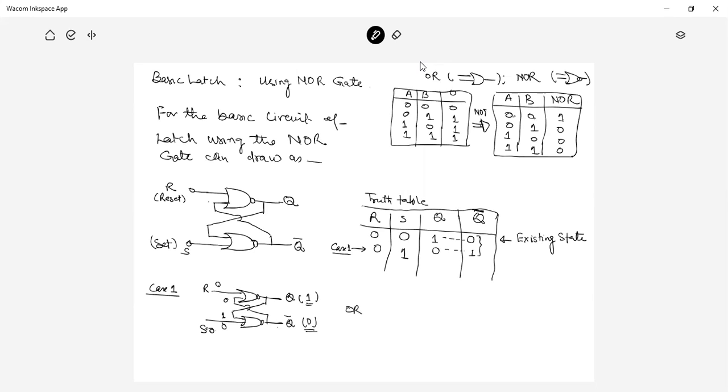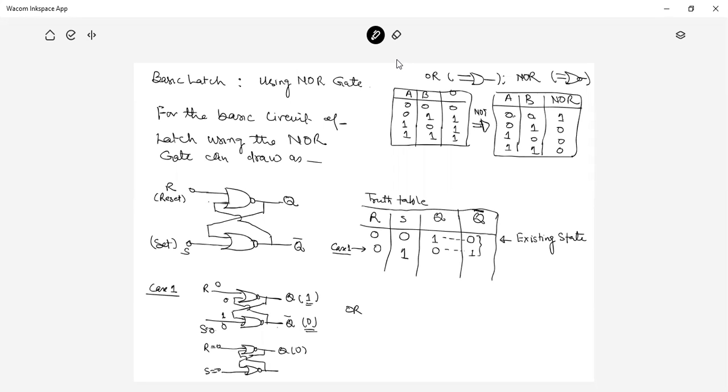Now the existing state can differ. R is 0, S is 0, both are 0, but the existing state Q is equal to 0.